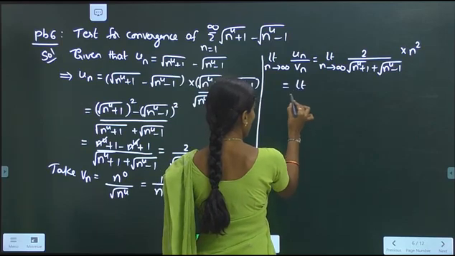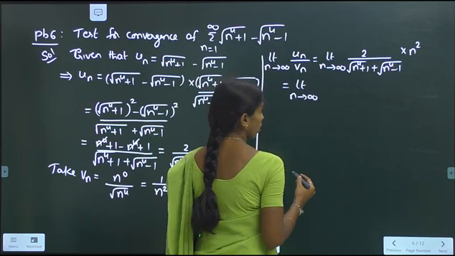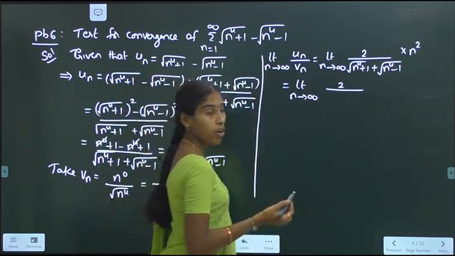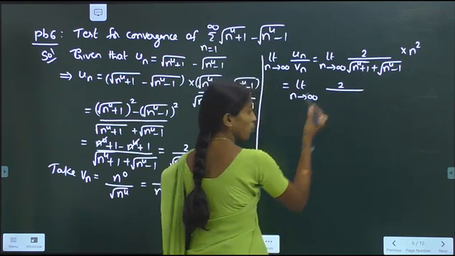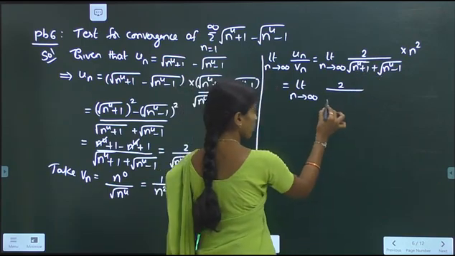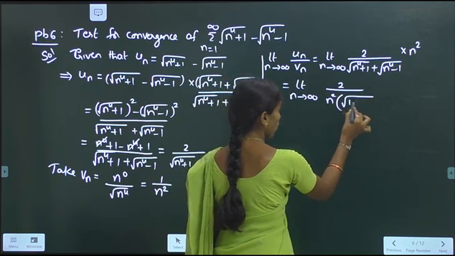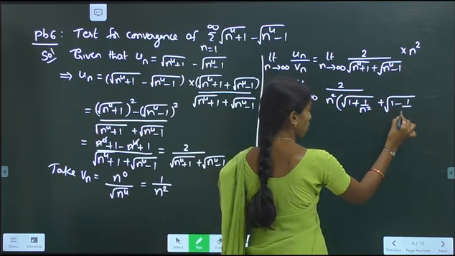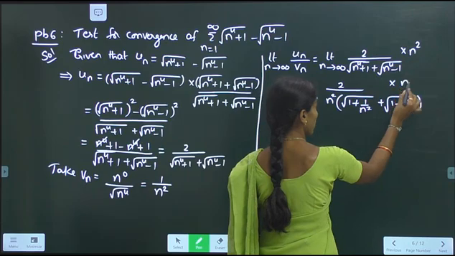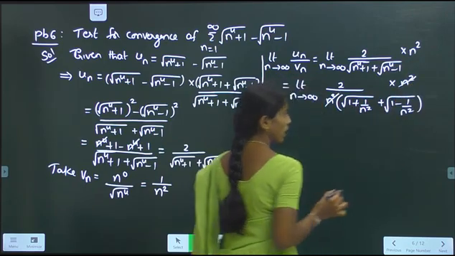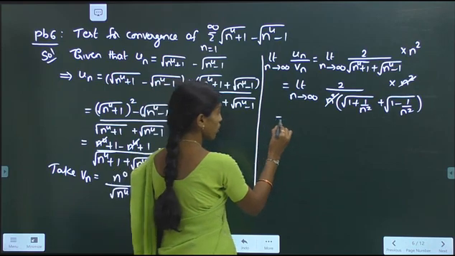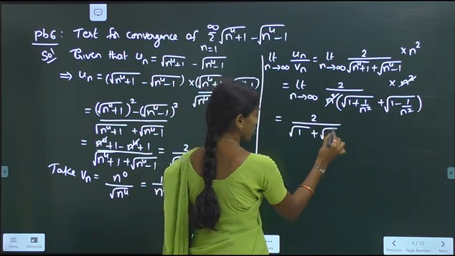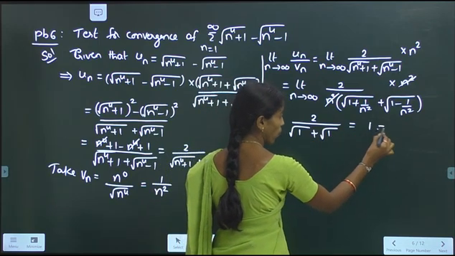Taking n power 4 common from the denominator, but since a square root is there, root n power 4 becomes n square. Square root of 1 plus 1 by n square plus square root of 1 minus 1 by n square, into n square. It gets cancelled. As n tends to infinity, 1 by n tends to 0, root 1 plus root 1, it is 2 by 2, which is 1.